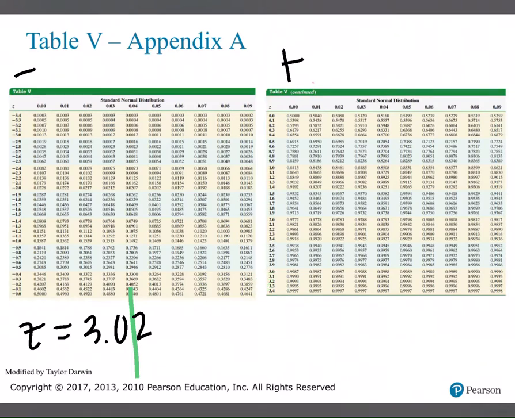So if I wanted to find the area that corresponded with this z-score, I would go to 3.0 and 2, and see where they intersect. 3.02 intersects at 0.9987.